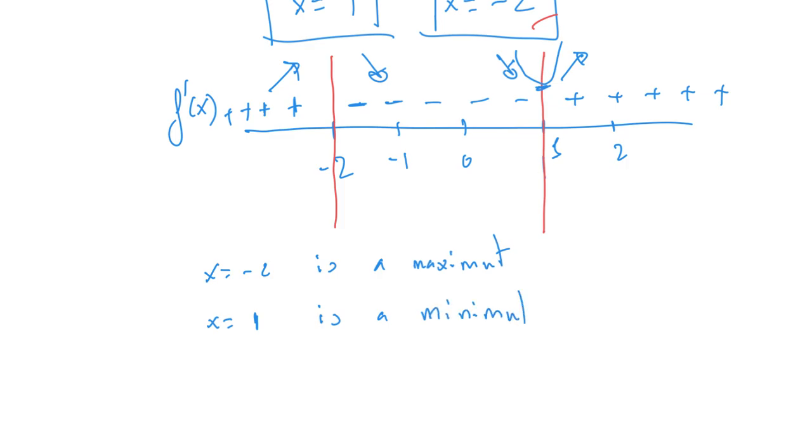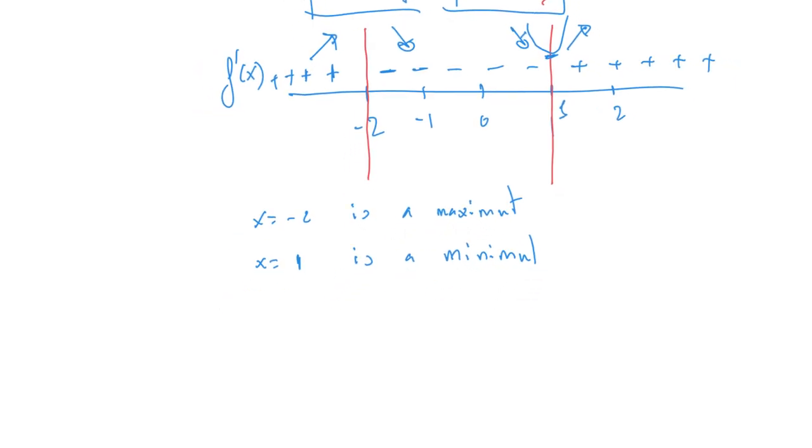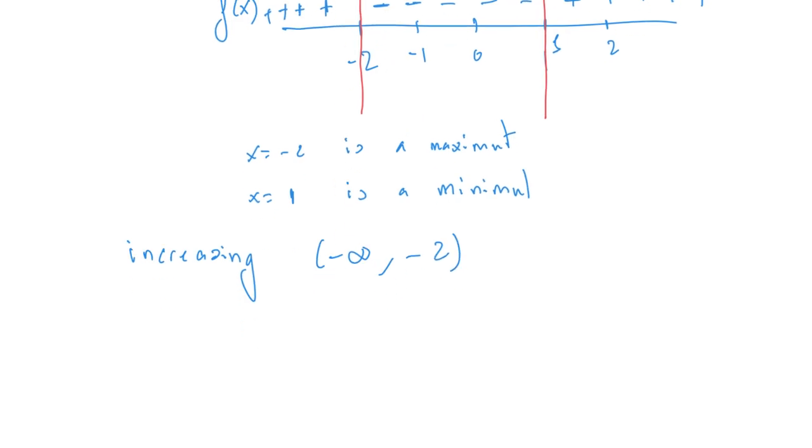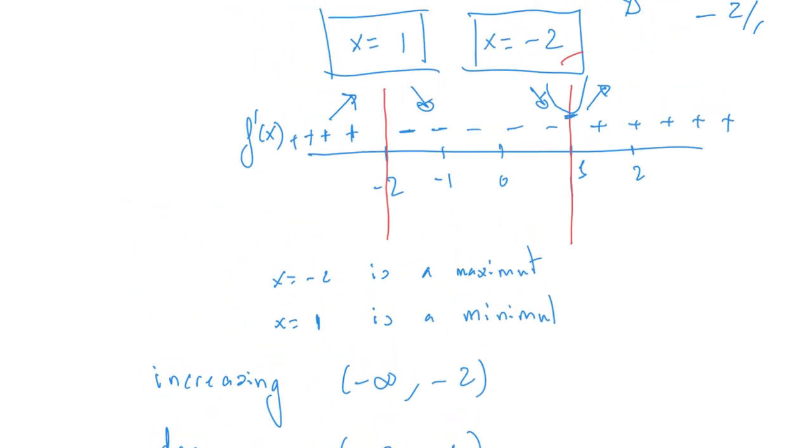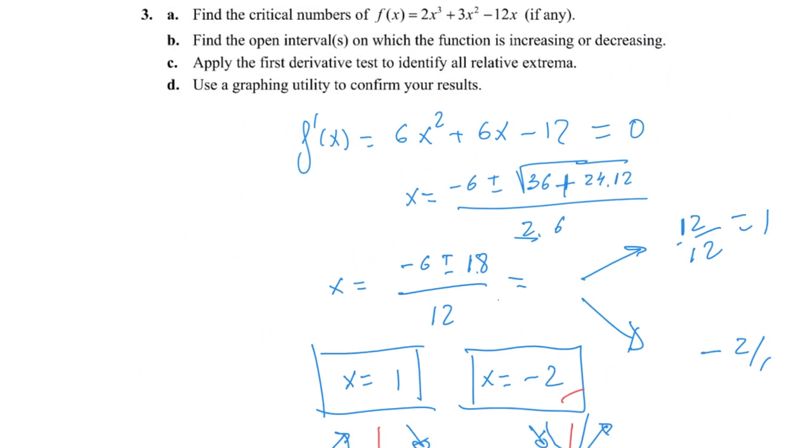And the function is increasing on the interval minus infinity, comma, minus 2. Decreasing on the interval minus 2, comma 1. And increasing again on the interval 1, comma, infinity. I think this answers all the question.